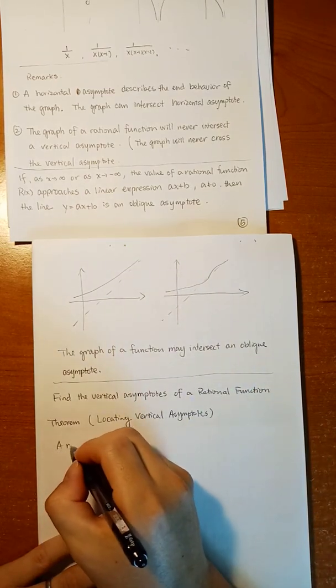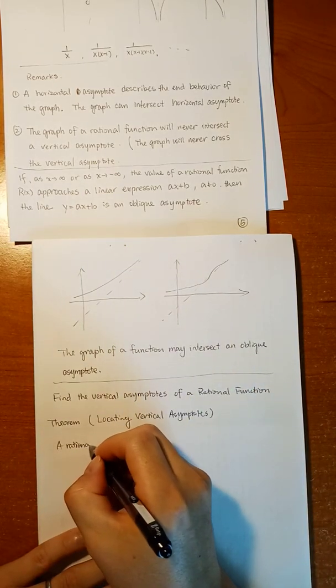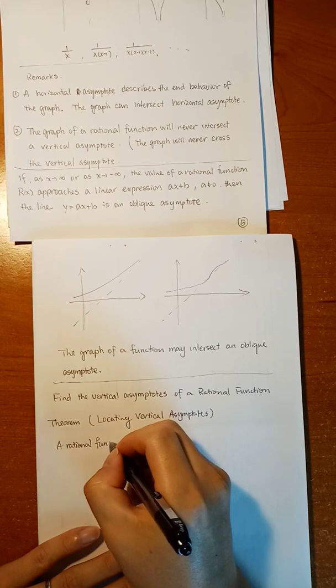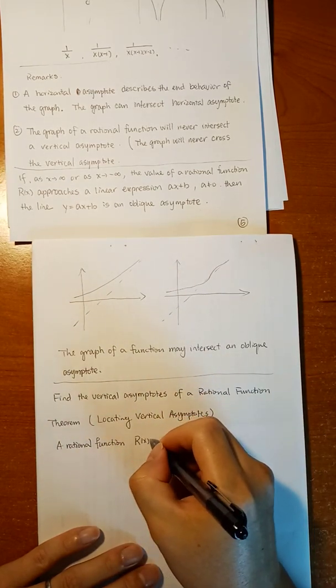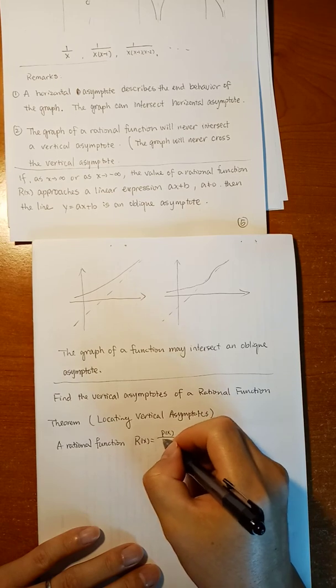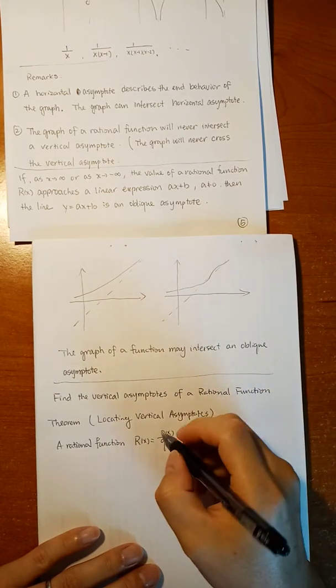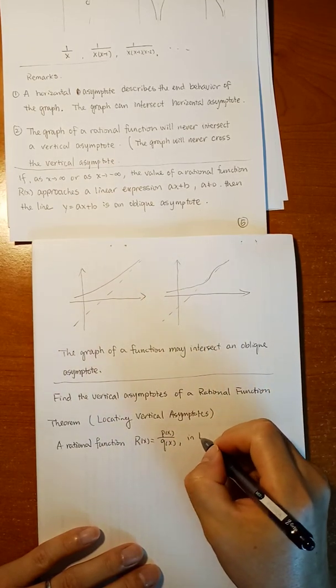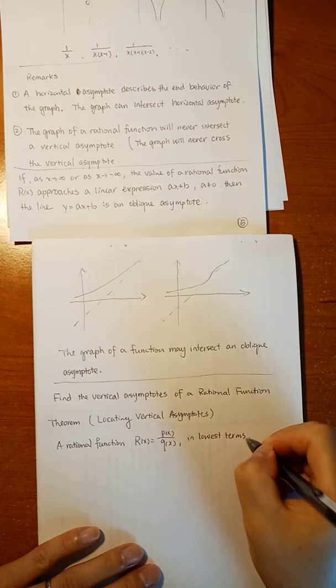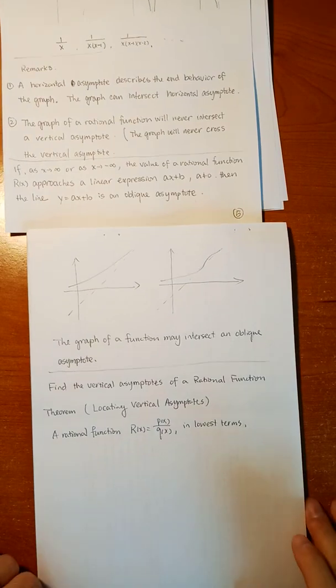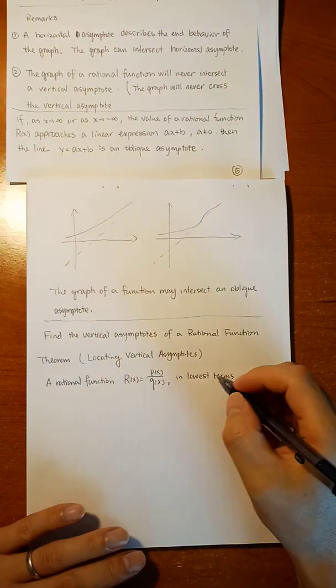A rational function r of x equal to P of x over Q of x in lowest form. All these discussions have such an assumption. It has to be in the lowest form.